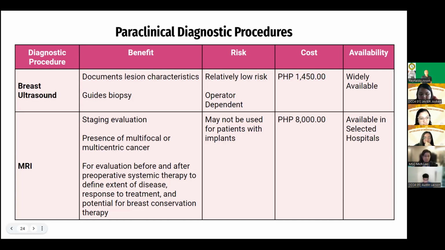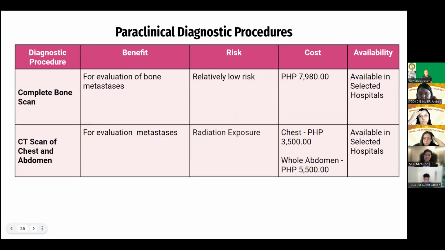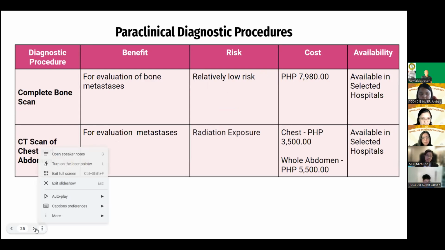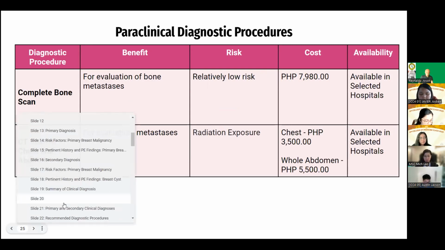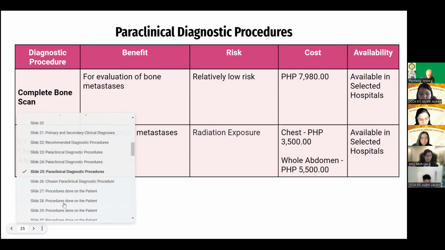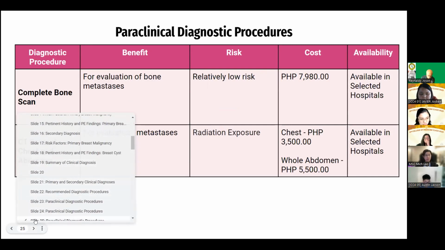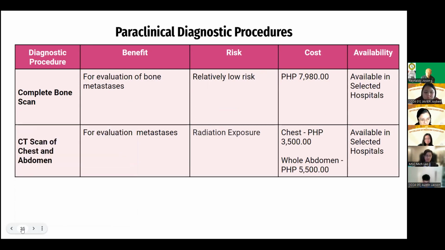So next. Lastly, for the complete bone scan po, this may be recommended to evaluate for bone metastases. We can use it to evaluate for metastases po, and if the breast cancer has advanced to a higher stage, that's when it's probably recommended.